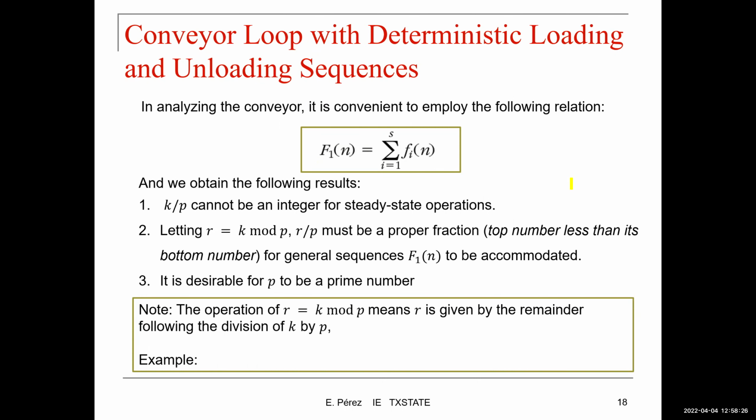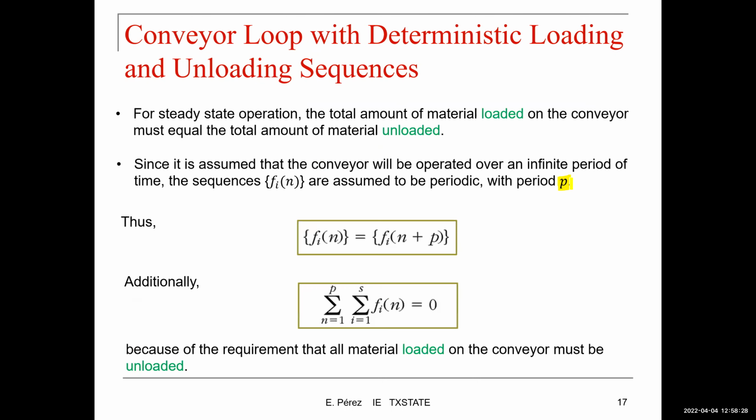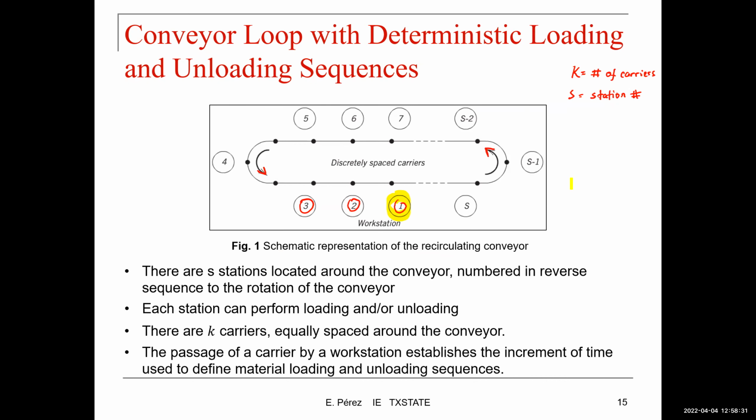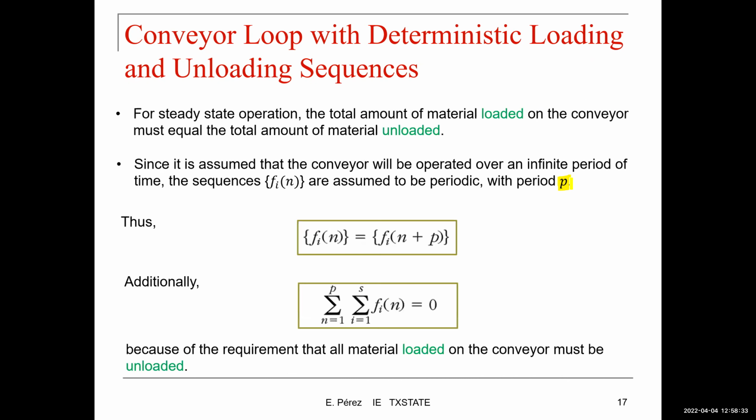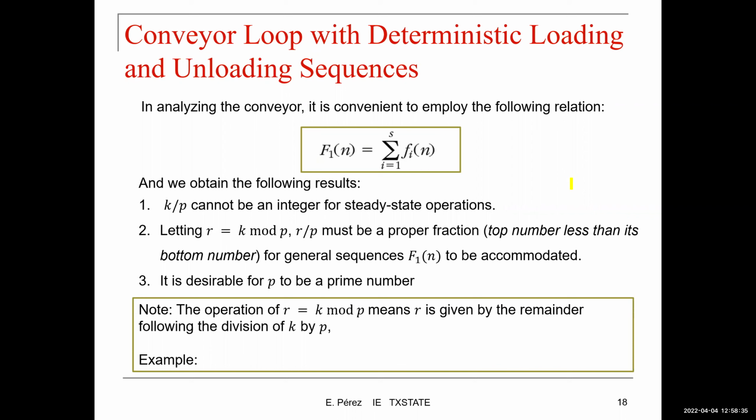Again, K is the number of carriers and P is the period. So K over P cannot be an integer in order for the system to reach steady state. And then we're going to let R define the remainder of K mod P.